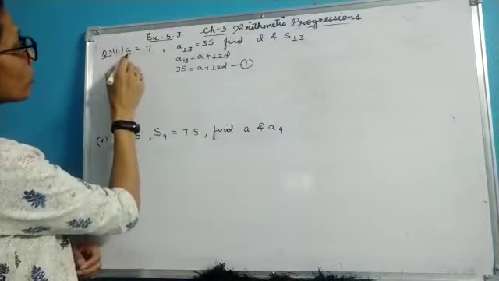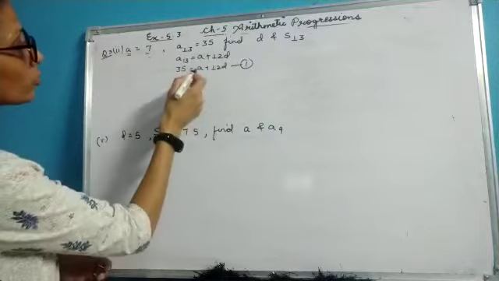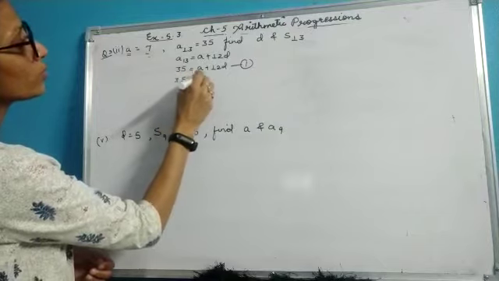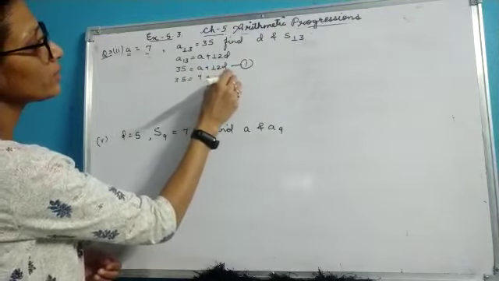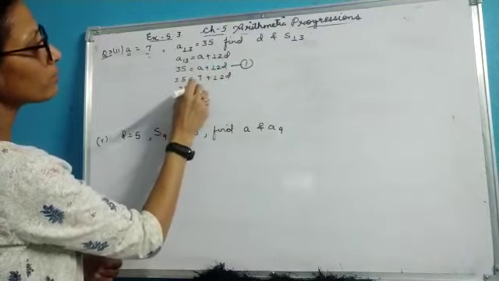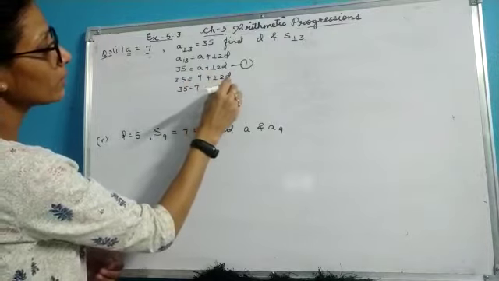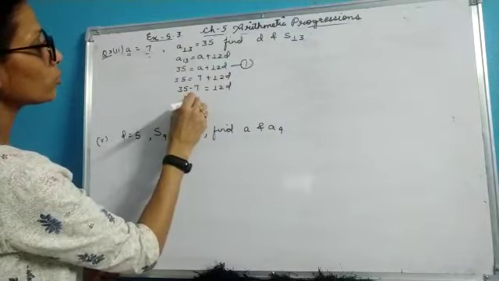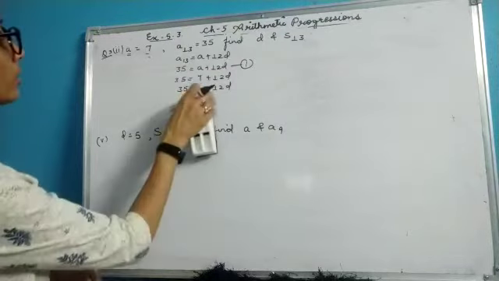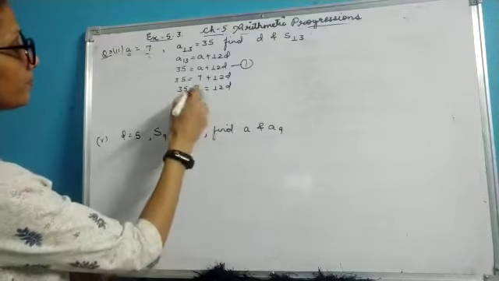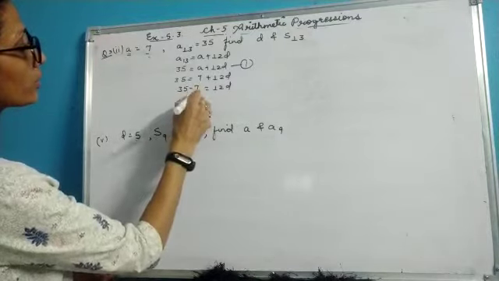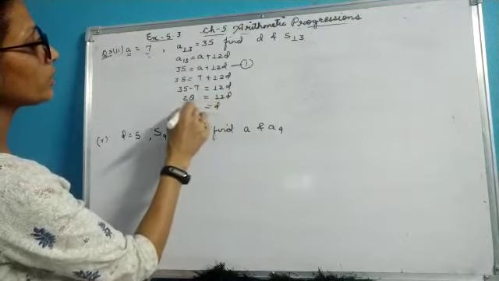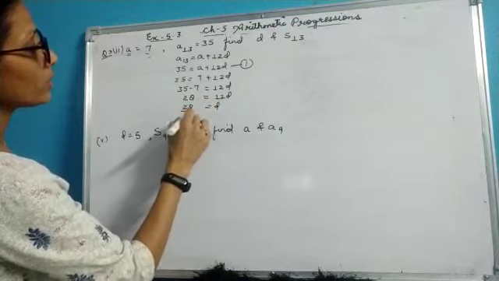Now here you are also given A equal to 7, so you can put A equal to 7 over here. So 35 equal to 7 plus 12D, which can be written as 35 minus 7 equal to 12D, and on subtracting I will be getting 28 equal to 12D, which gives me D equal to 28 by 12.